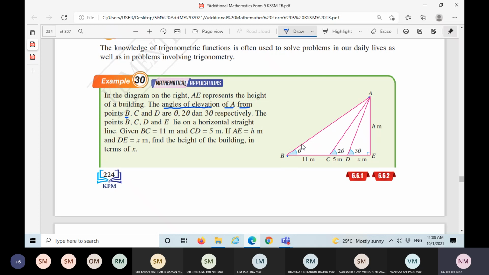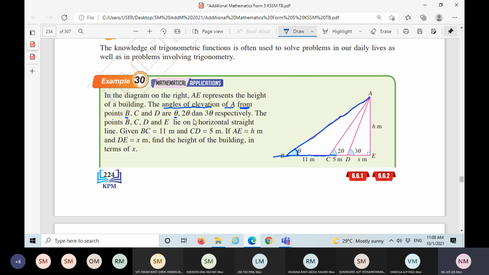You have to draw a horizontal line through point B, then draw a line from B to A. These two lines, the angle in between, that is the angle of elevation of A from B. So the angle of elevation of A from B is theta, so label theta here.